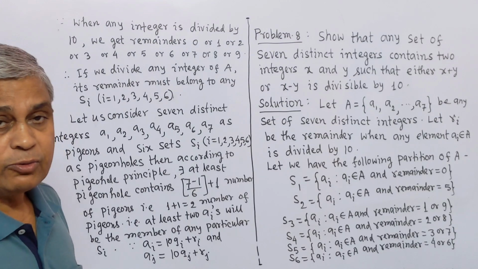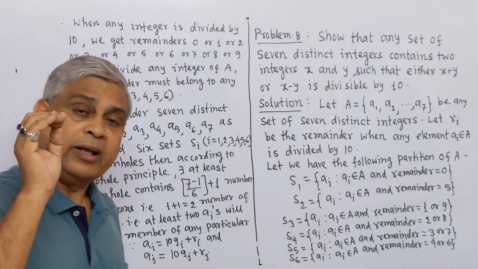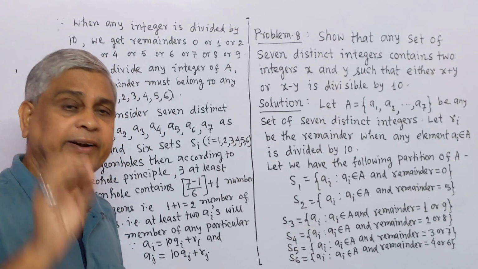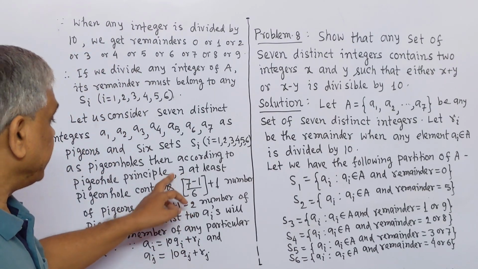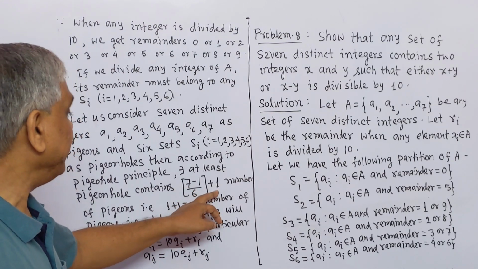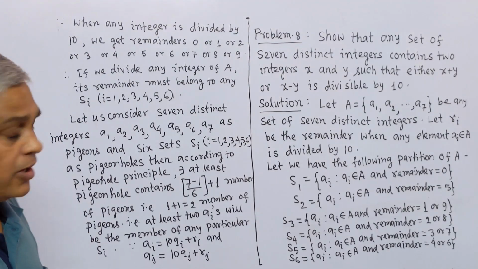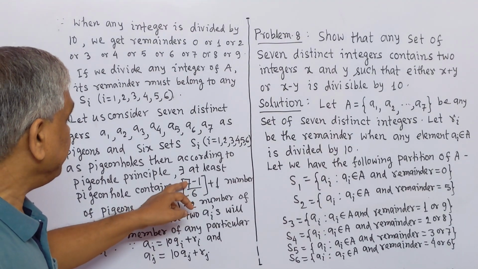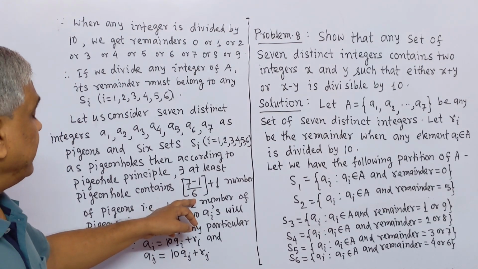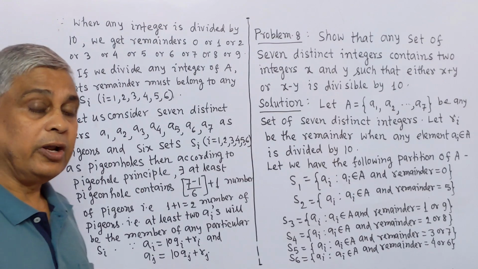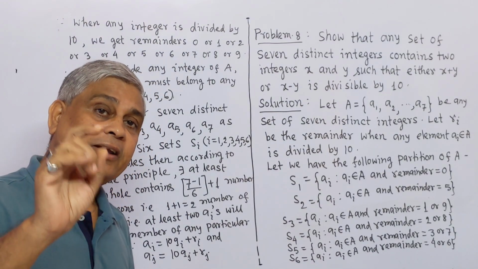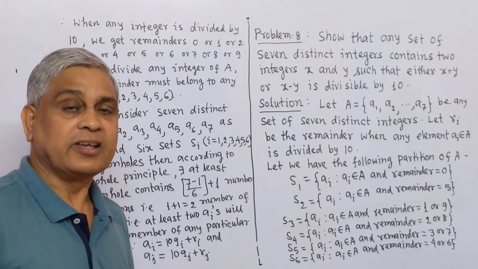Then, according to the pigeonhole principle, there exists at least one pigeonhole which contains at least the floor of (7 minus 1) by 6 plus 1 pigeons. Here 7 is the number of pigeons and 6 is the number of pigeonholes, and this is equal to 2. Therefore, at least one pigeonhole will contain at least 2 pigeons.